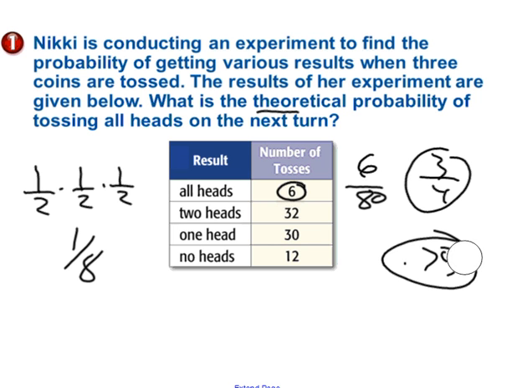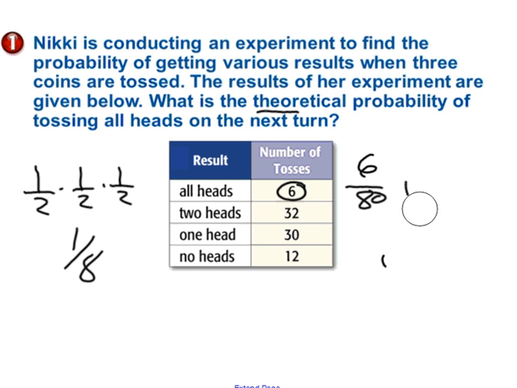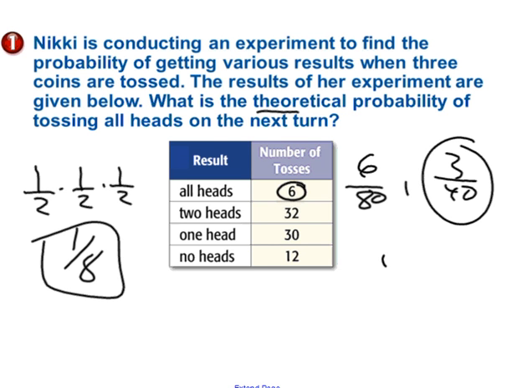Let me recheck that division. That would become 3 out of 40 would be the probability of getting all heads on the next turn. So this is the theoretical probability and the experimental probability.